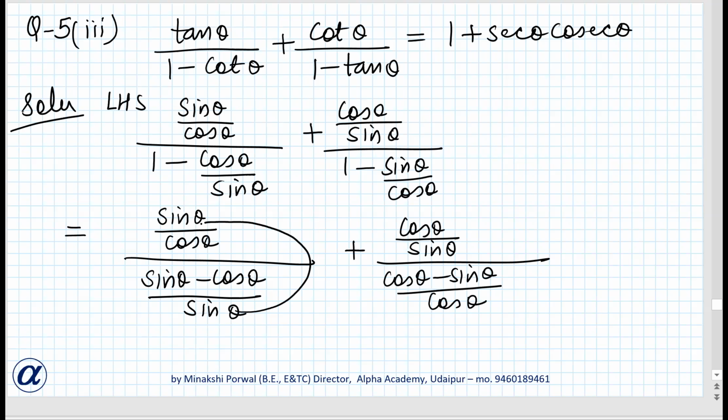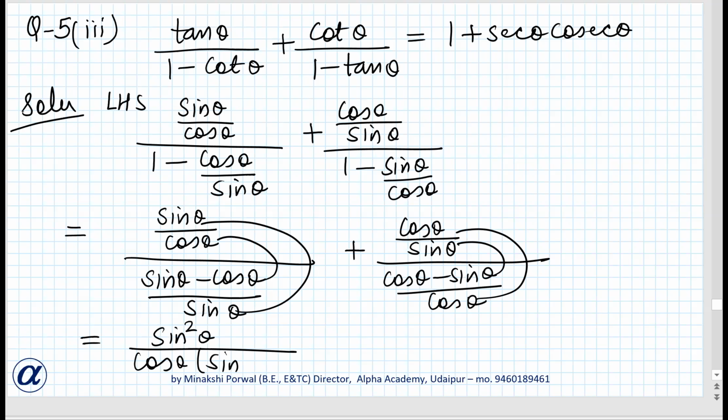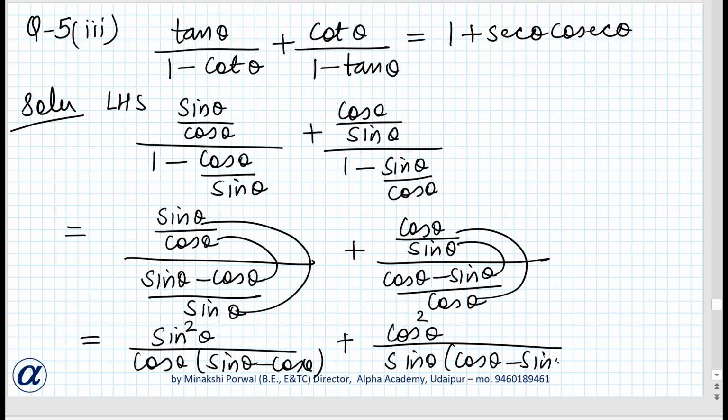Now this will be multiplied here and this will be multiplied here. Similarly here also. So it will be sin square theta upon cos theta into sin theta minus cos theta, plus cos square theta upon sin theta into cos theta minus sin theta.